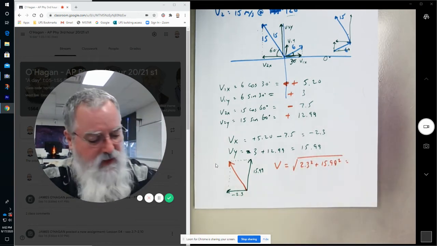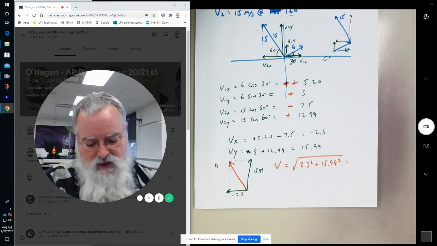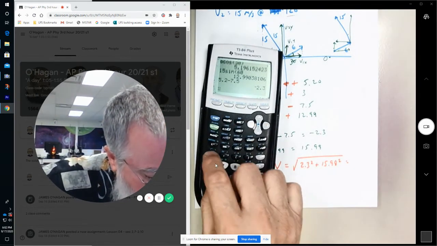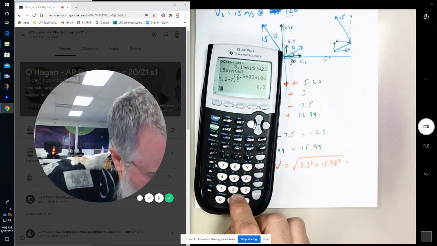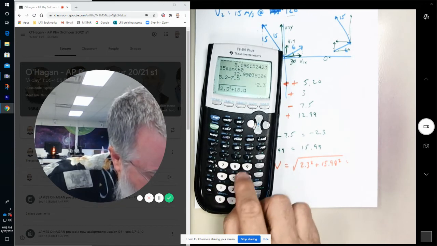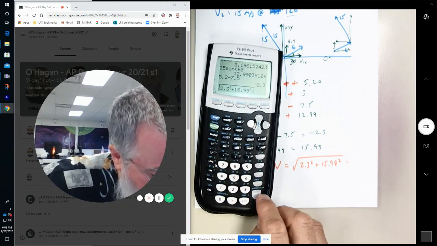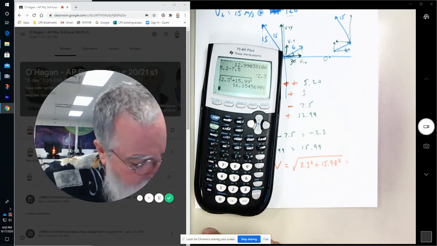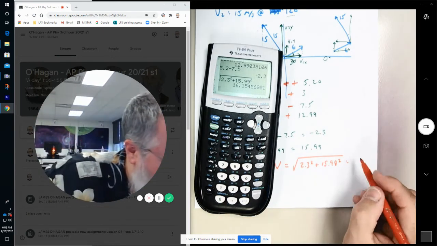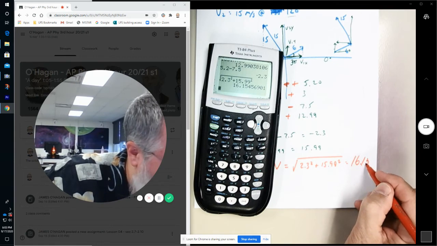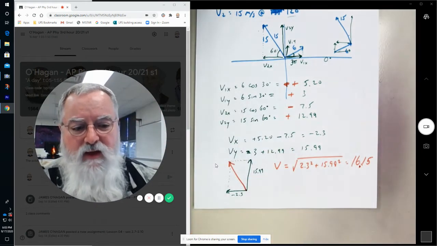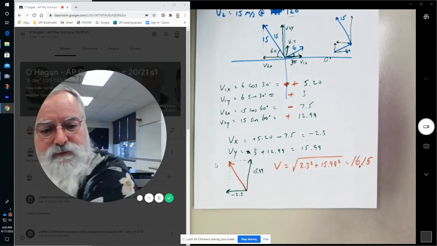And it's going to be around 16. So second square root, 2.3 squared plus 15.99 squared, enter, equals 16.15. There's supposed to be a decimal point there. That is way better than we could have gotten with a ruler.